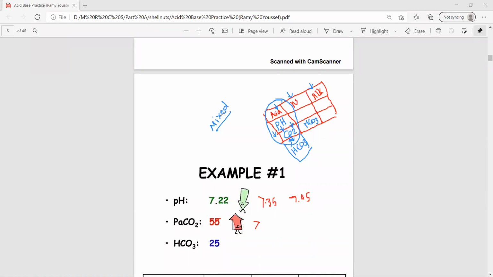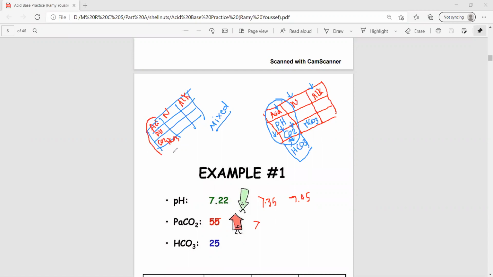If I make a table, with acidosis here, normal here, alkalosis here, and I found the pH here, and CO2 here, and HCO3 here, so this is a mixed condition.